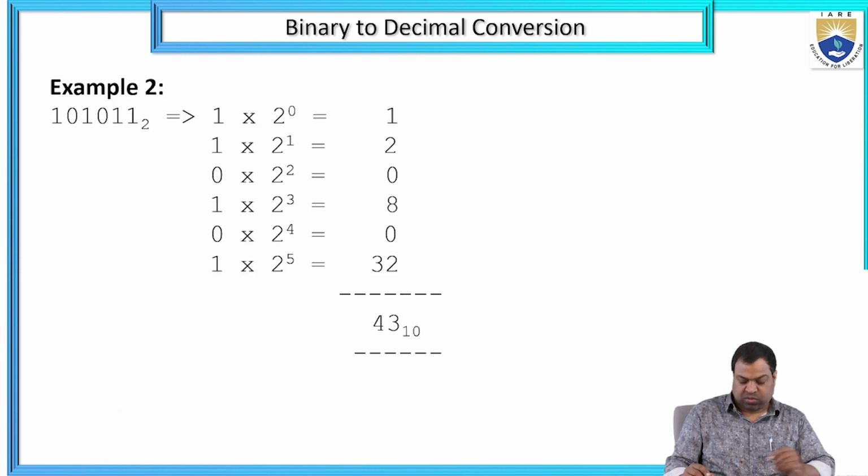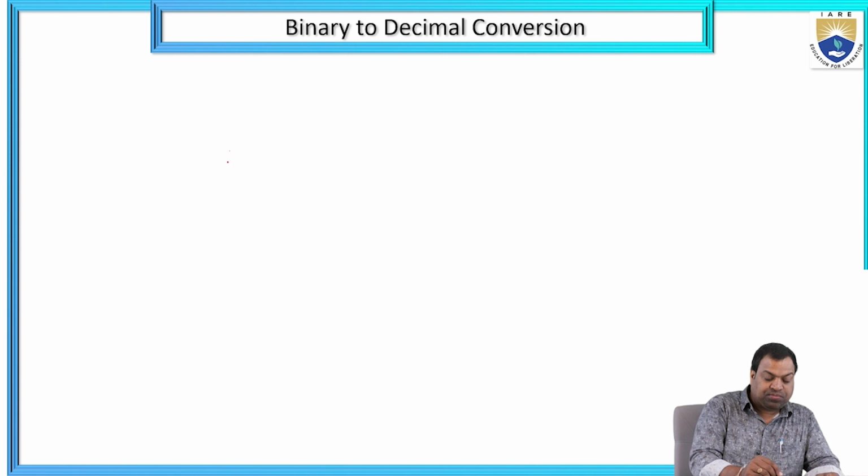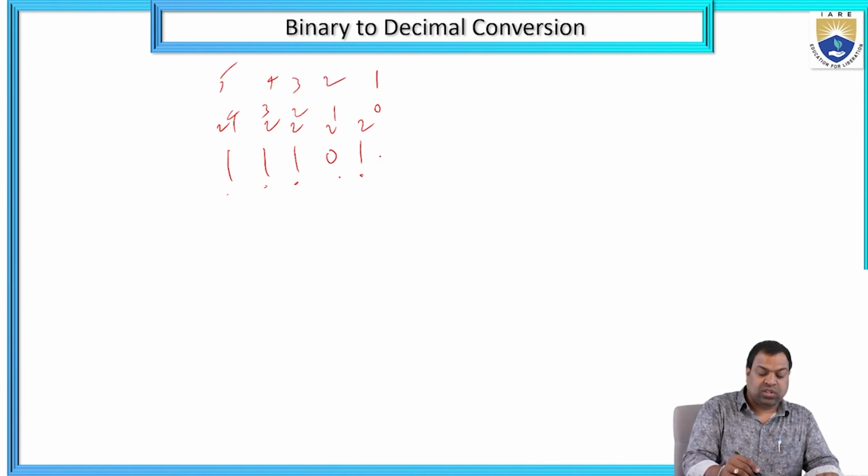Let us review the method. The values I take are 2 power 0, 2 power 1, 2 square, 2 cube, 2 power 4. How many digits are there? 1, 2, 3, 4, 5. Here are the LSB and MSB.